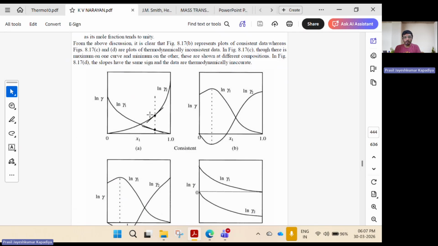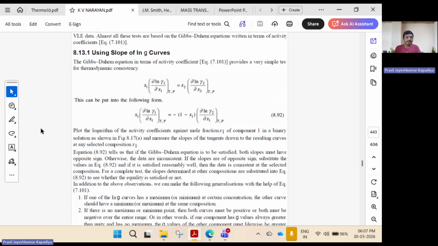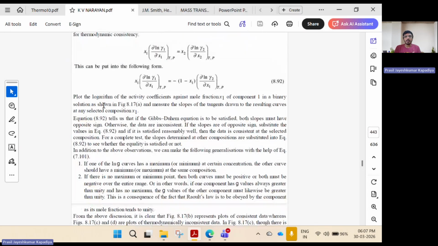For any point, if I draw the tangent, that will give me the slope of that particular curve. So what they are writing is we have to plot ln gamma 1 versus x1, ln gamma 2 versus x1, and find the slope from the tangents.